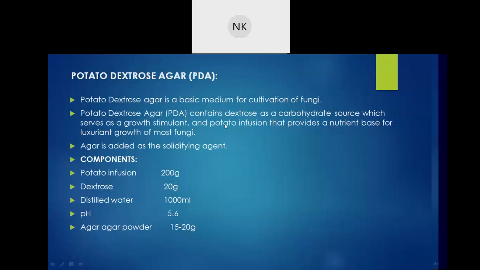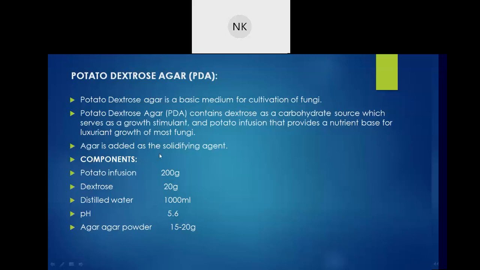Like how bacteria are able to produce pigments when we grow them on different kinds of media, even fungi are also able to produce pigments, and that is how you will be able to identify it. So potato is acting as a nutritional source for the growth of yeast, fungi, and other molds.